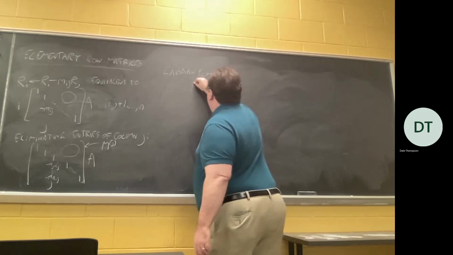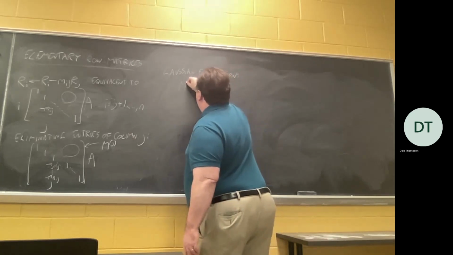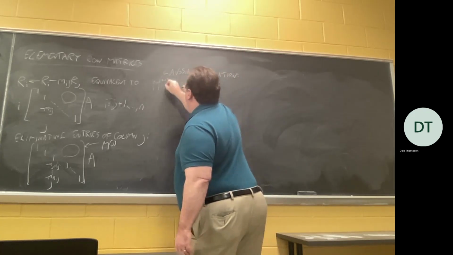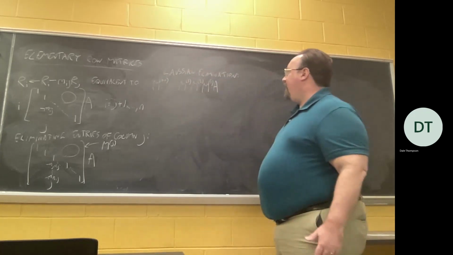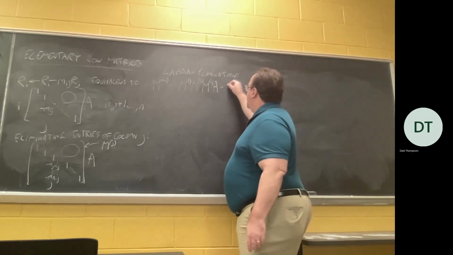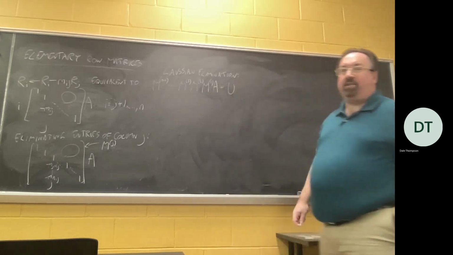And then I repeat that for the second column, third column, and so on, all the way to column N minus 1. It's the last column I need to do anything in. And the result of that is my upper triangular matrix U.